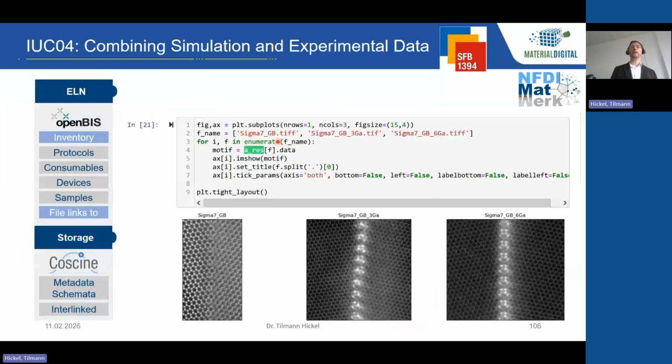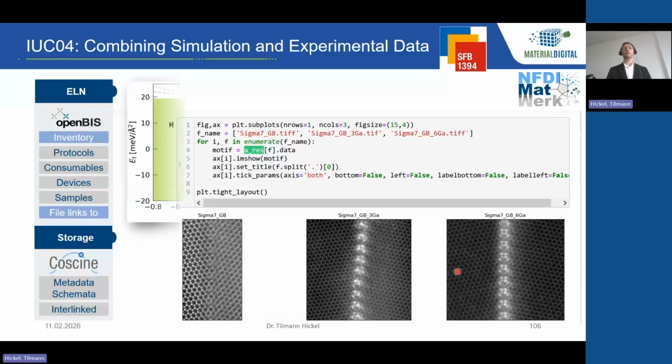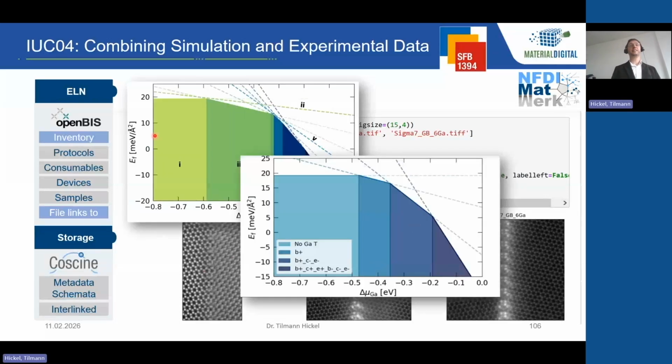We can make from the simulation side, from the Python workflow, some kind of query, get experimental data sets, and then use our map of computed data to connect it with the relevant experimental structures, and in this way translate this general diagram into a specific diagram for these experimentally observed structures.